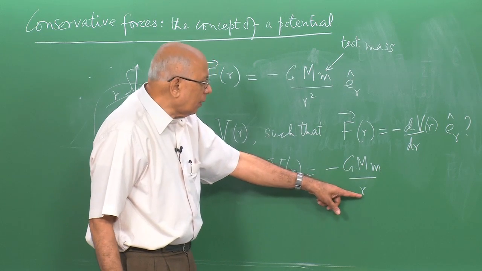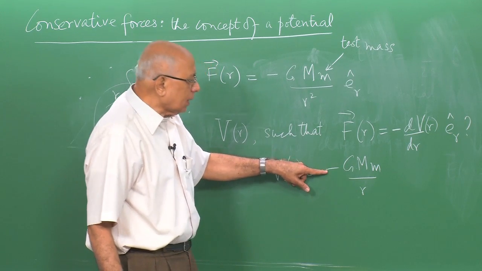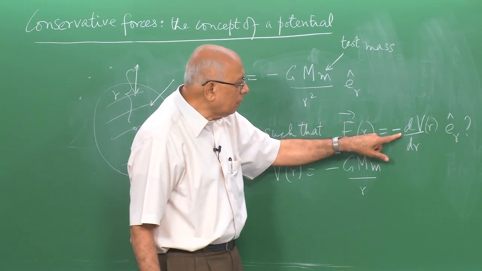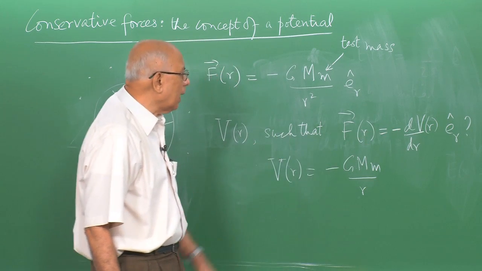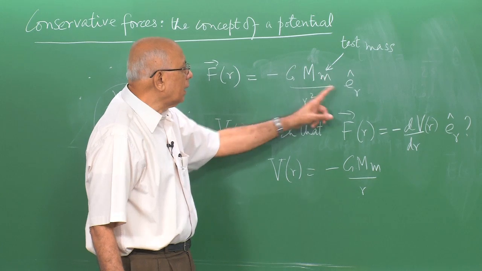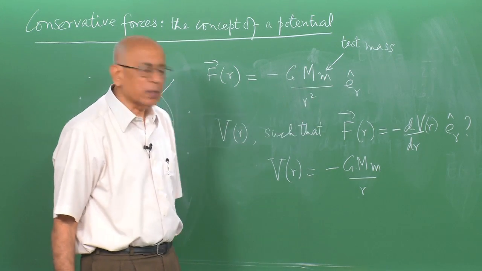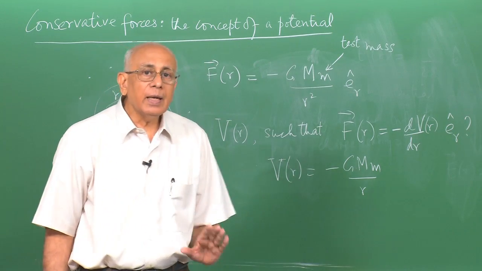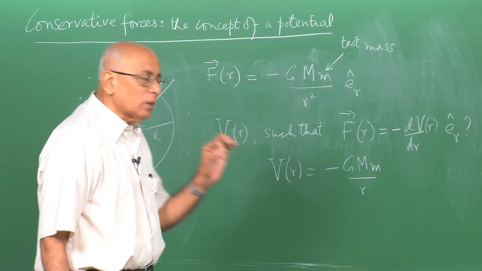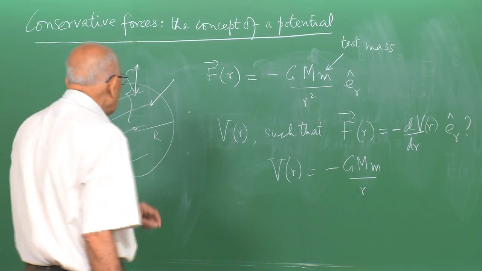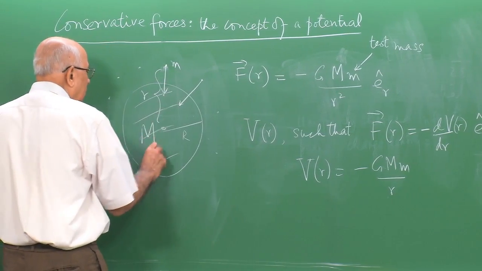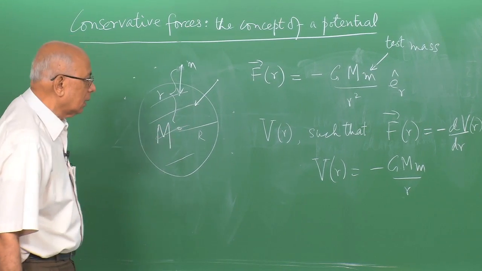So there's a minus sign coming from there, and there's already a minus sign here, so that gives me a plus sign, but I have to find minus dV over dr. That puts the minus sign back once again, and I multiply it by e_r, and I get the gravitational force here. So that's the potential, and it's in fact the potential energy of a test mass little m at a distance r from the center of the Earth. This is the capital M, the mass of the Earth.